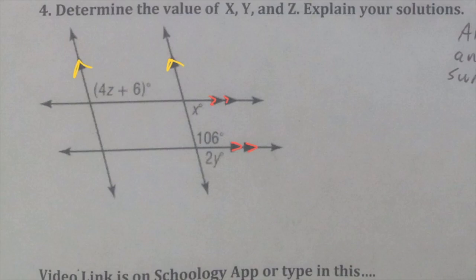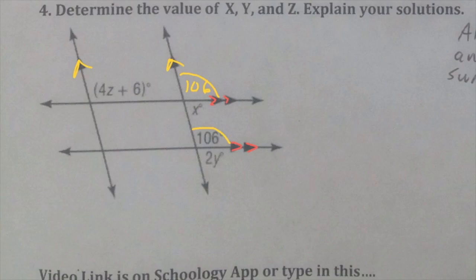Well, I've got 106 degrees here in the picture. With your knowledge of the vocabulary, find the corresponding angle that goes along with 106. So you should be thinking about this angle over here as 106 degrees, because that is the corresponding angle.